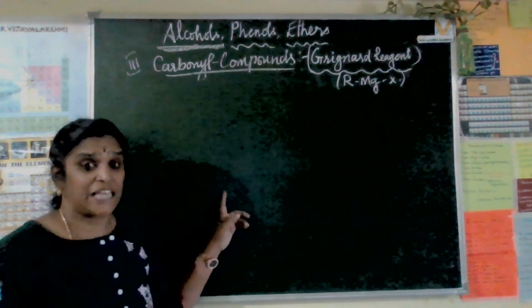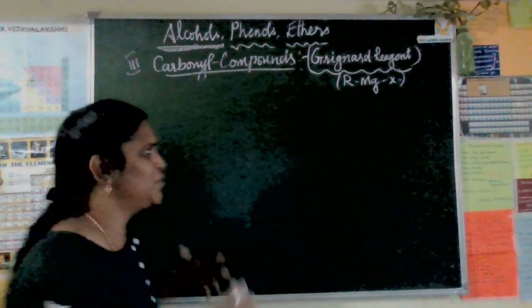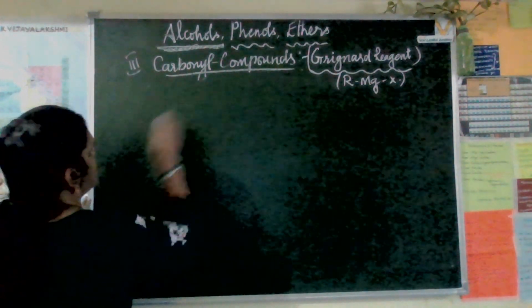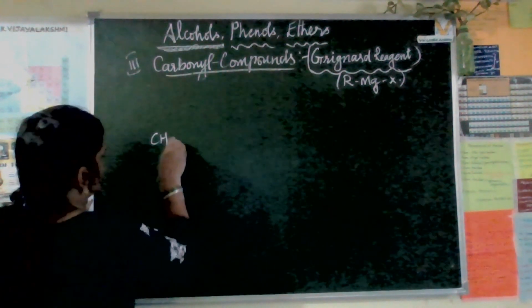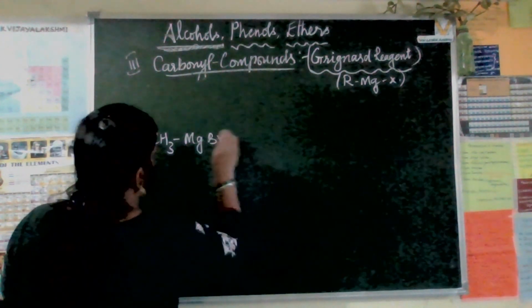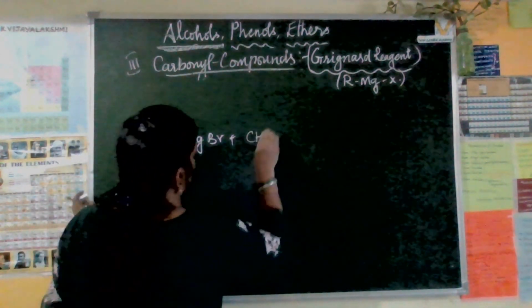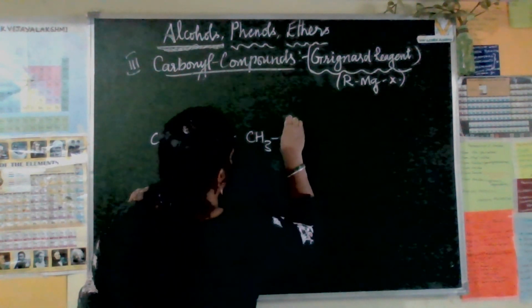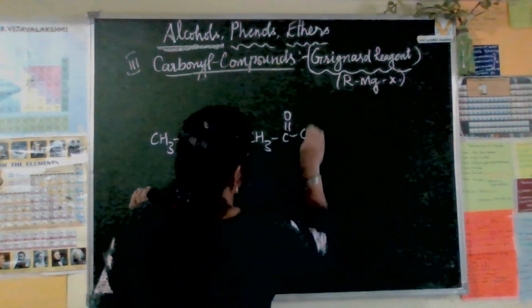One more, ketone. By this time you yourself come to know: methyl magnesium bromide, CH3MgBr, combined with acetone, CH3 C double bond O CH3.